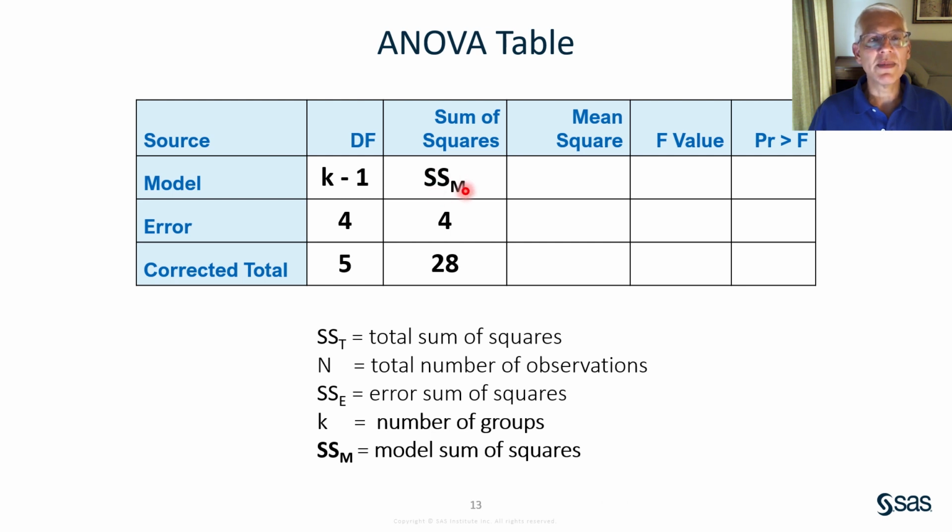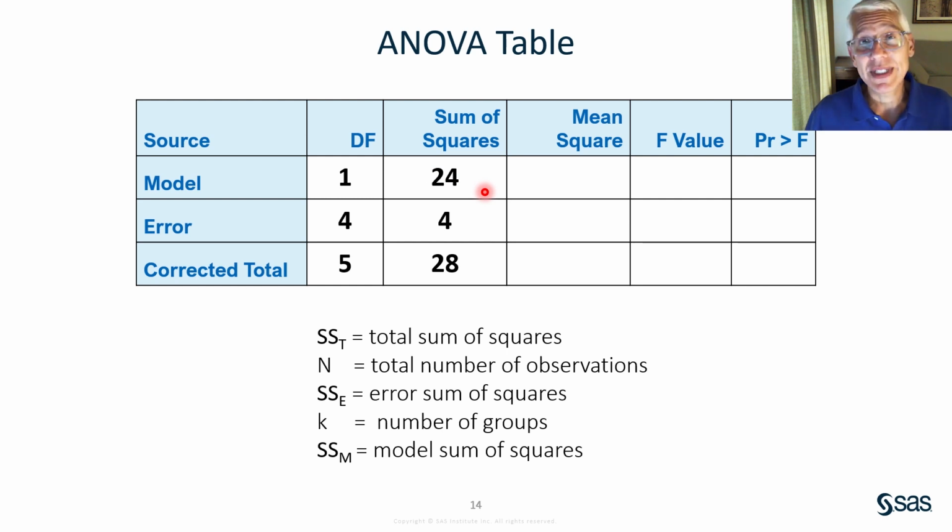Here's where the model sum of squares goes in. It actually has k minus 1 degrees of freedom associated with it, where k is the number of groups. So remember, we have 2 groups minus 1, which means we're going to have 1 degree of freedom. And remember, my calculated model sum of squares was 24.